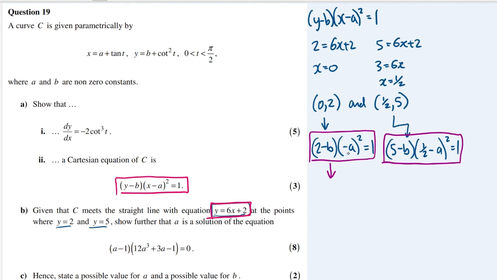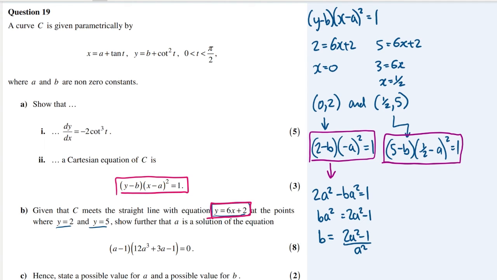So multiplying this out is going to give me 2 lots of, that's going to be a squared, and then minus b lots of a squared is equal to 1, and this is going to give me that b a squared is equal to 2a squared minus 1. That works. So b is equal to 2a squared minus 1 over a squared.